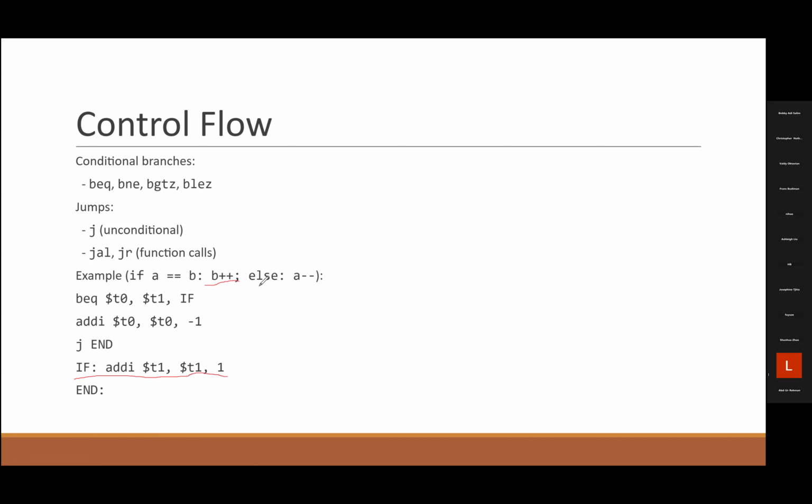And the else code will be here. If A is not equal to B, it will continue on to the next instruction, and as I said before, this is the else code. After executing the else code, we go to J, where we'll skip through this red line of code and jump straight to the end label.